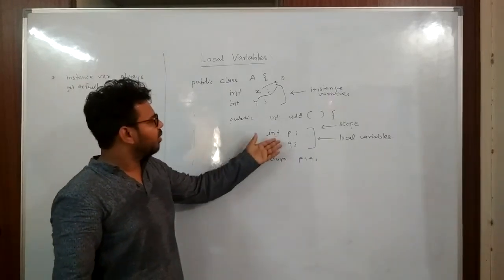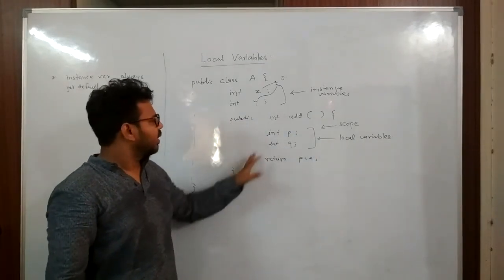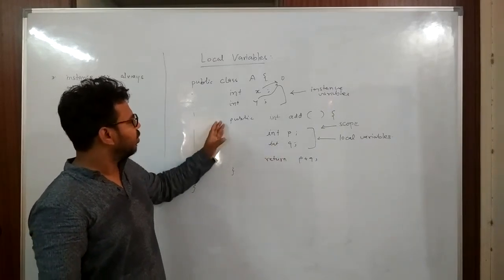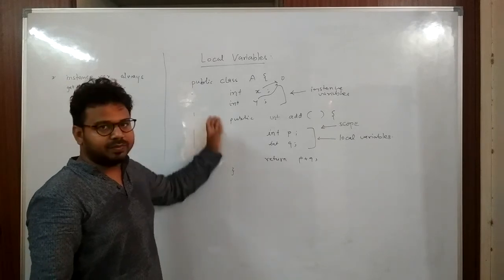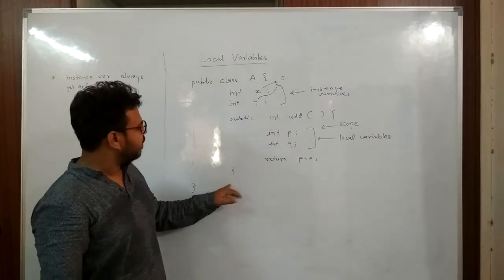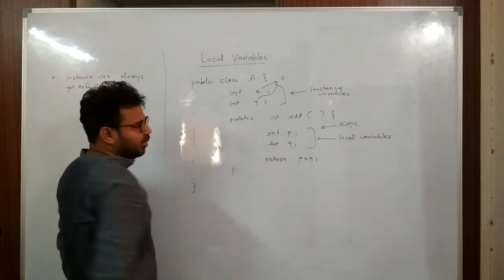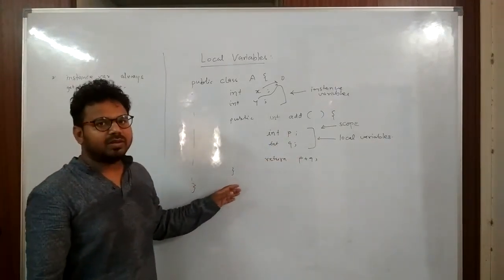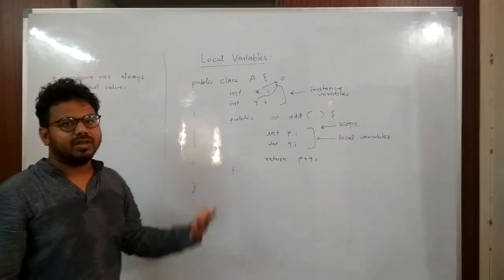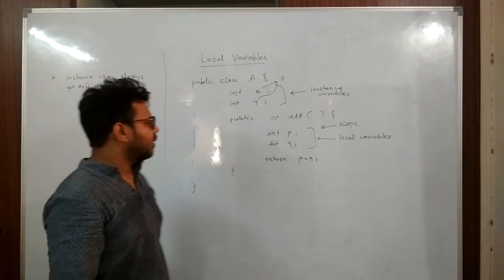For local variables, the scope is inside the parentheses. For p and q we will say that the scope of these variables is this method body. Outside this method's body, just below this line, I cannot access p and q, and it will show an error that p and q are not declared.